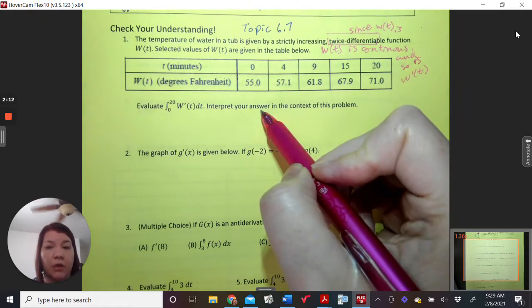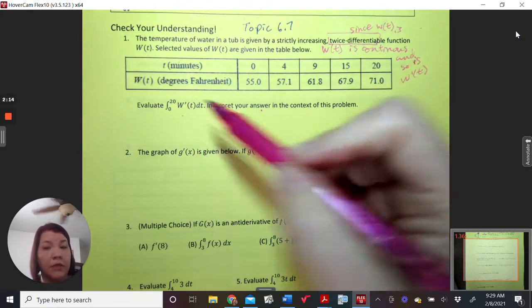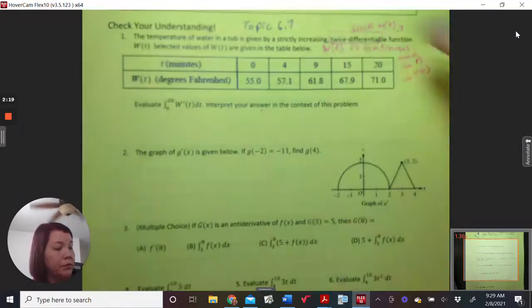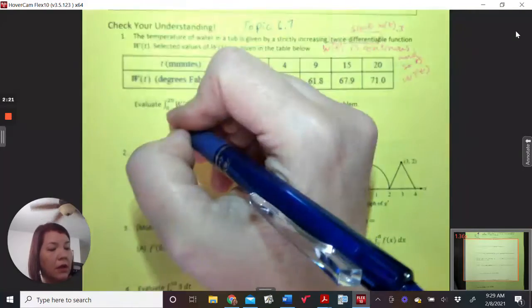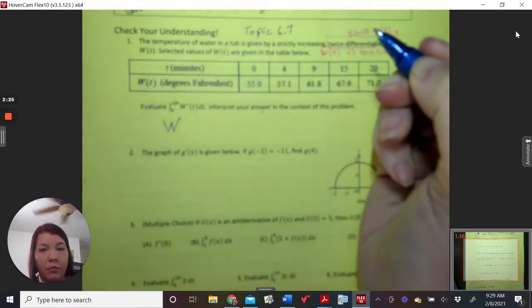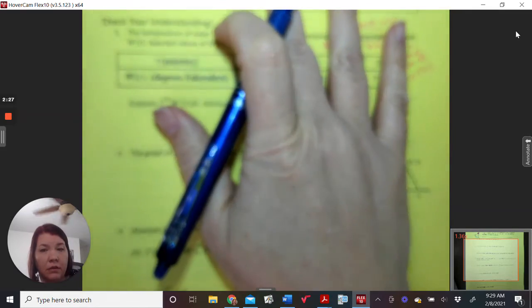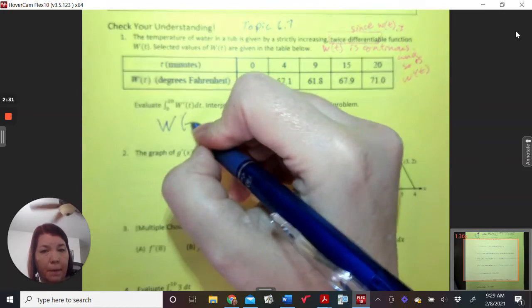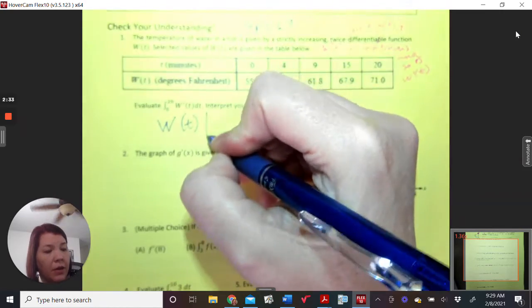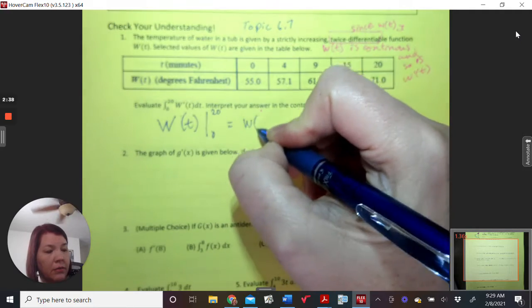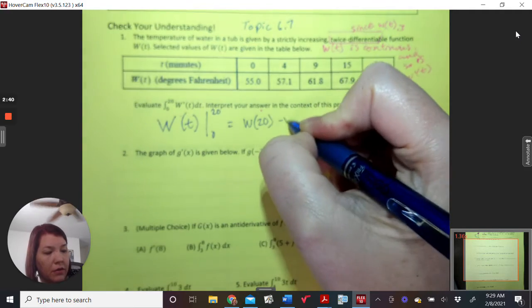Interpret your answer in context of this problem. So we know from the fundamental theorem that we were just looking at that the antiderivative of w prime of t is w of t. And we're going to evaluate that from 0 to 20, which will be equal to w of 20 minus w of 0.